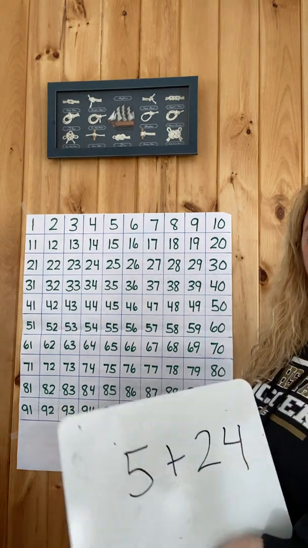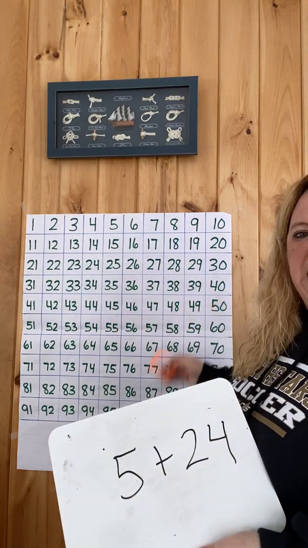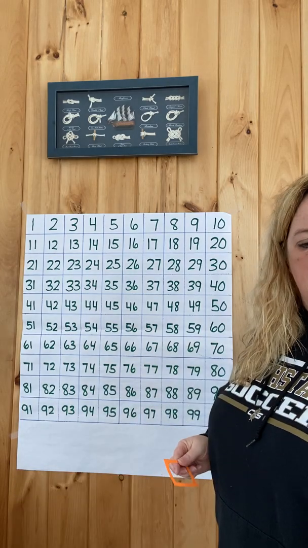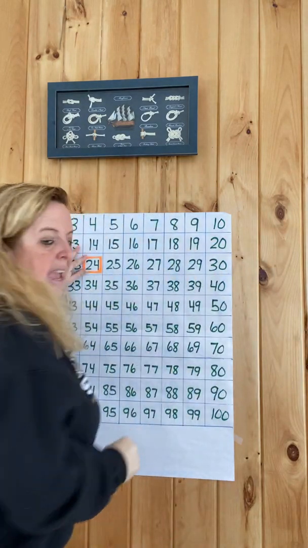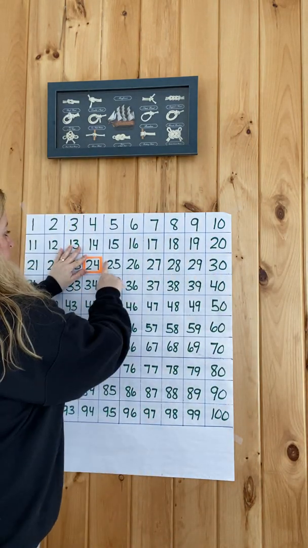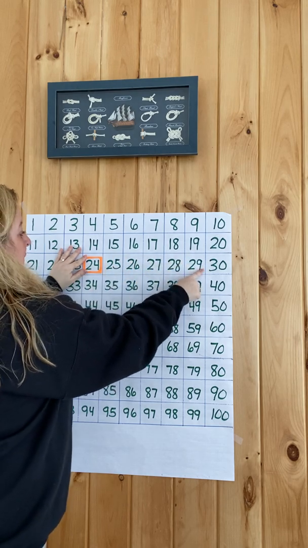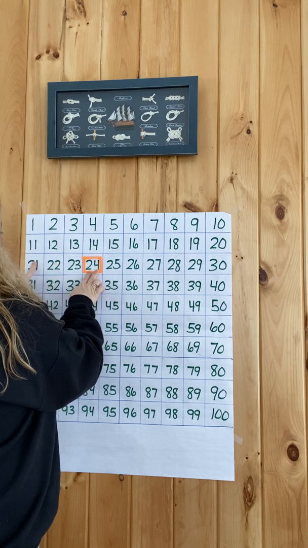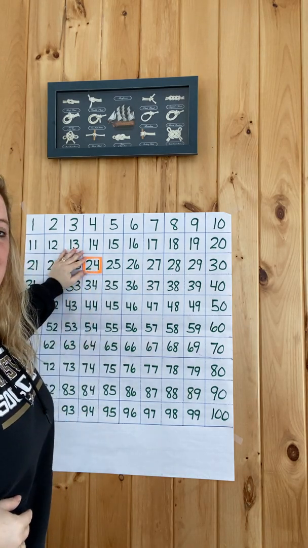For this one, I think I'm going to start with the bigger number because I don't want to have to count 24 and make a mistake with my counting. So, I'm going to start with 24. And it says I need to add 5. So I know if I go this way, my number's getting bigger. Oh, this must be adding. If I go this way, my number is getting smaller, and my problem did not say minus.